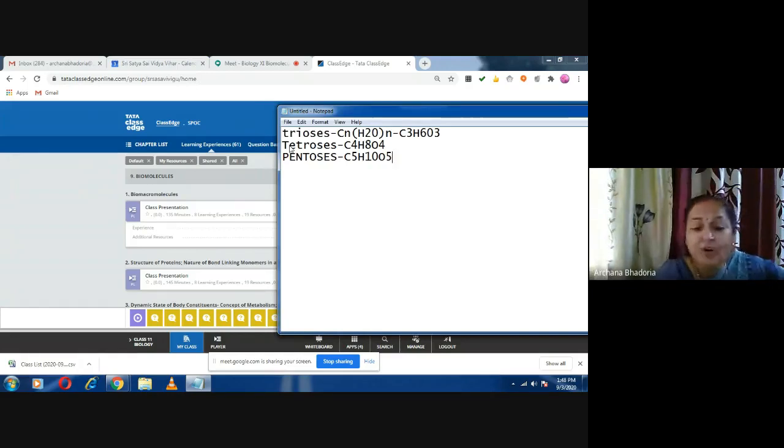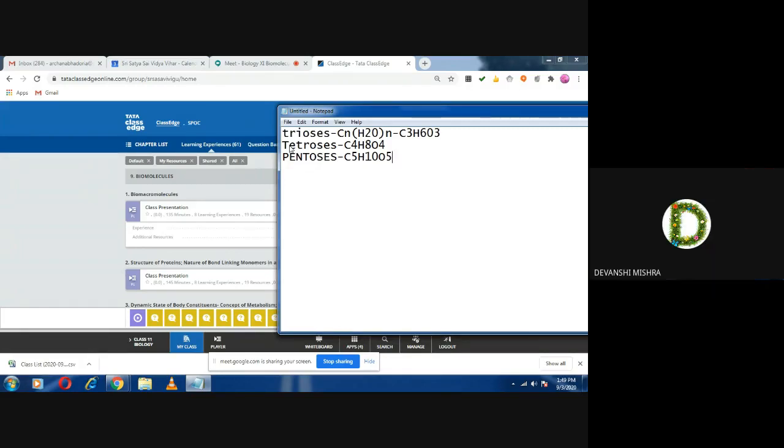Here we are not considering the functional group. I have discussed in the previous period that the functional group also varies in the sugars. Some sugars have the aldehyde group and some have the ketone group.